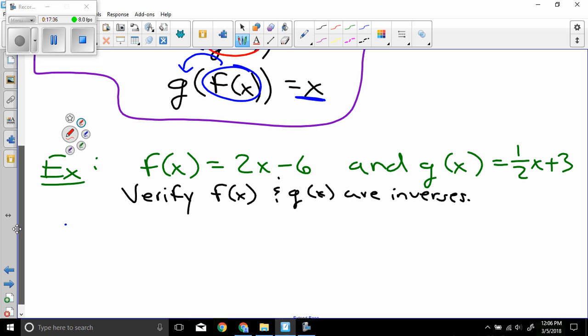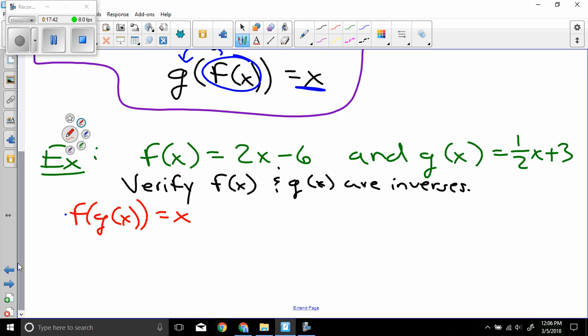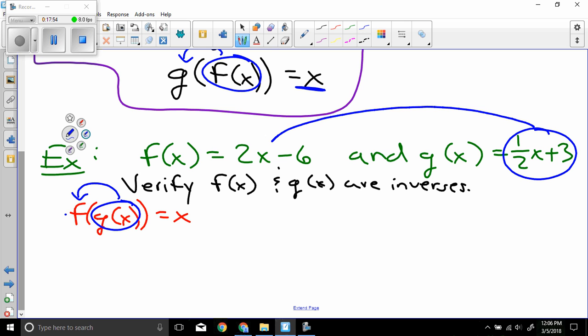So I have to show two different things. I have to show f of g of x equals x, which means that I have to take g and plug it into f. Well, that would be taking g, this whole thing right here, and plugging it into f.